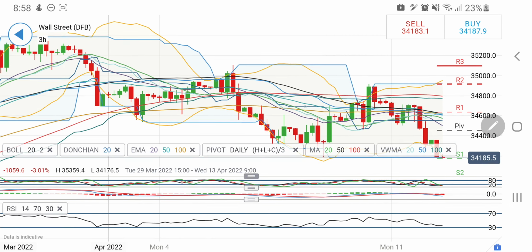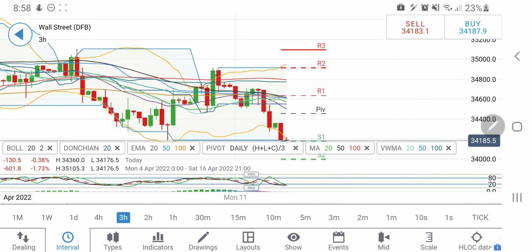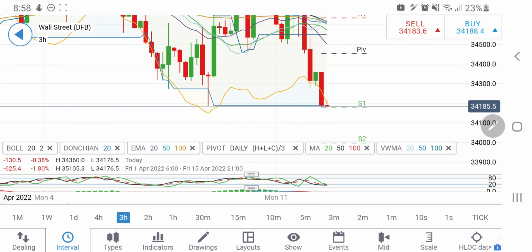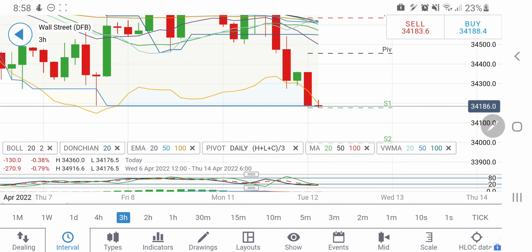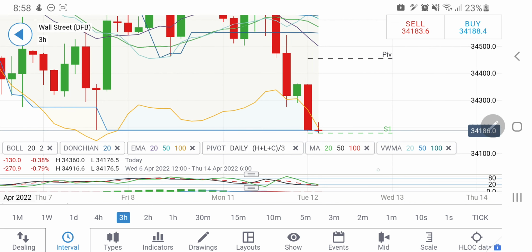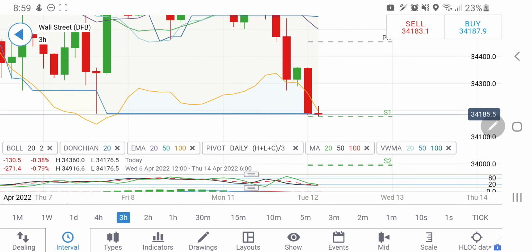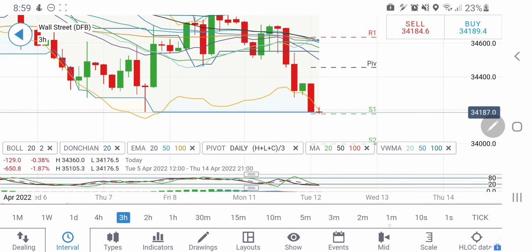Now look at the 3-hour charts. On the 3-hour charts, the candle is red and still getting a support here. Now look at the previous candles. This was the consolidation zone, and then a breakout candle, a strong red candle. So a minor consolidation, first red candle, only if it sustains below 34170 I'll recommend you to go short there.